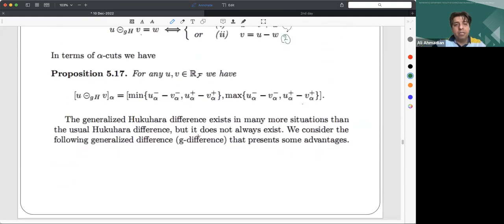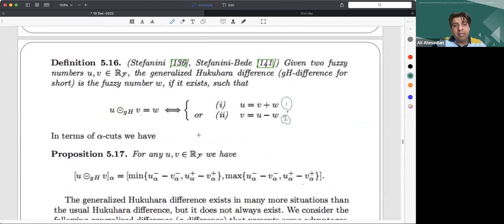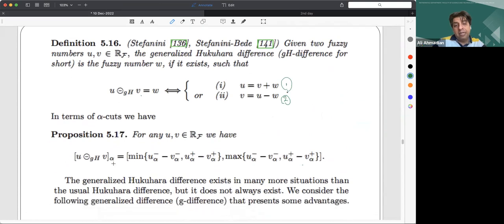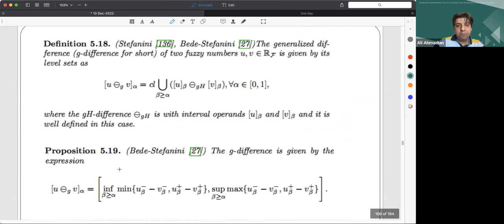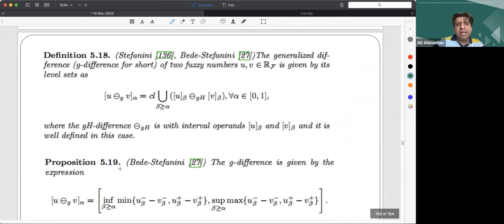We will describe it. So now at this point, these are the definitions we call generalized Hukuhara differentiability. Again, if you refer to the book, it talks about different approaches to fuzzy differential equations. One of the approaches is based on this definition. Then they proposed another type of difference they call G difference or generalized difference.